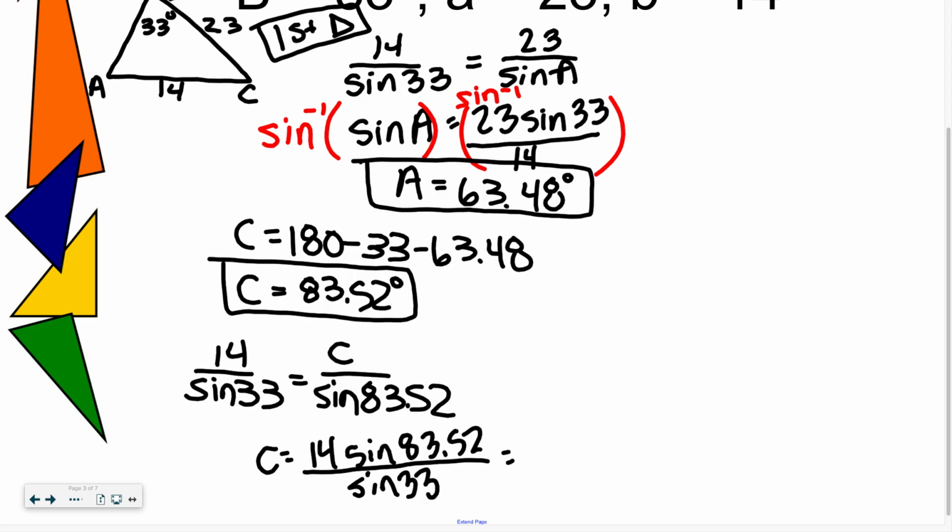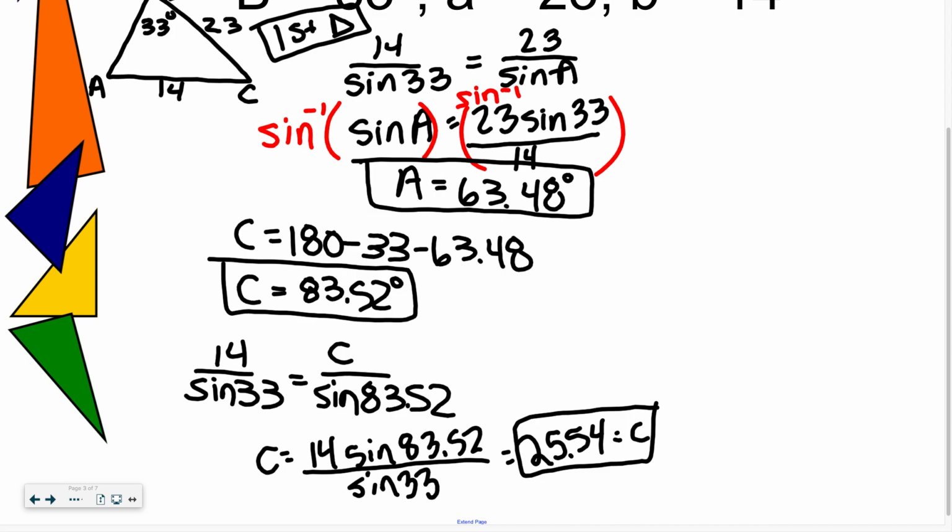I'm getting 25.54. So that equals C right over here. So without too much issue, I found a triangle. At least one triangle exists for this ambiguous case.